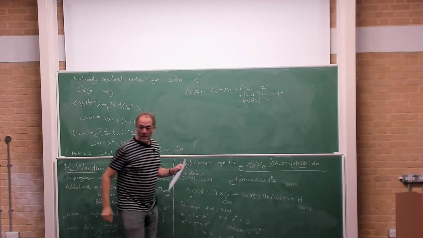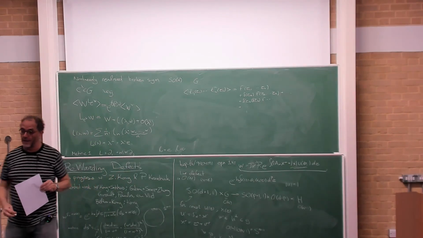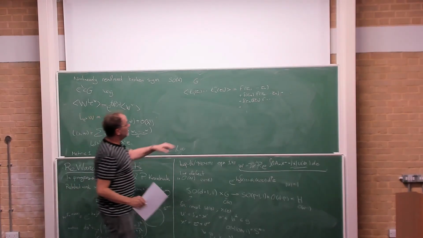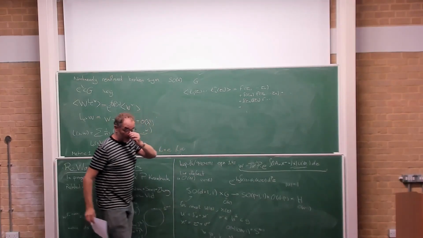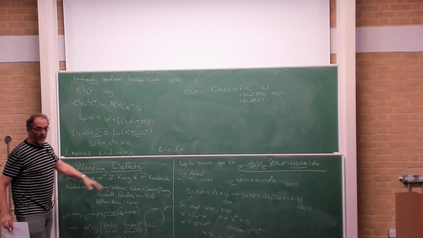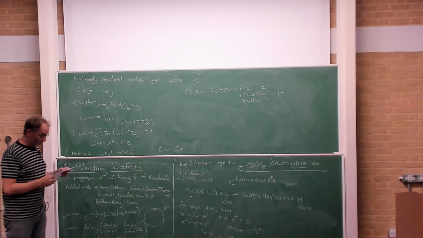So I'm going to look at all contact terms in this quantity. Normally, what we calculate is only the first one at separated points. But in order to make sense of anything I'm saying here, we need to worry about all of them.